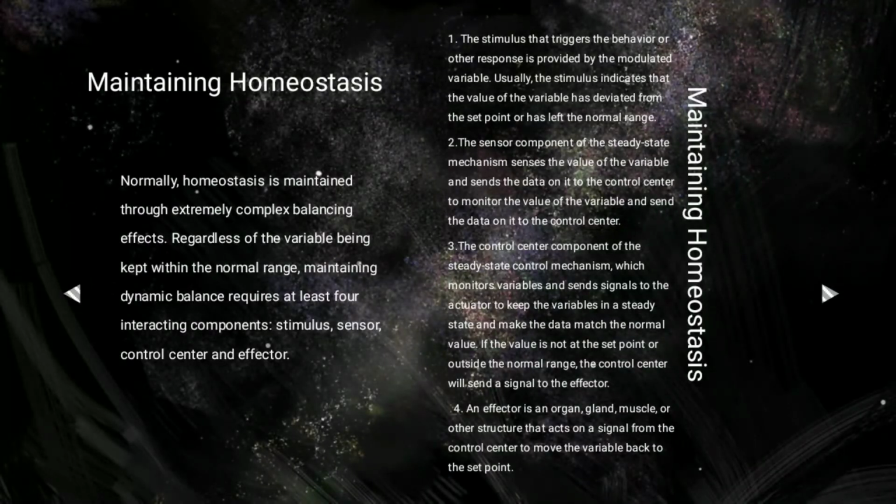Here, maintaining homeostasis. We have here the stimulus, sensor, control center, and effector. They are connected to each other. The stimulus is the trigger to behavior.